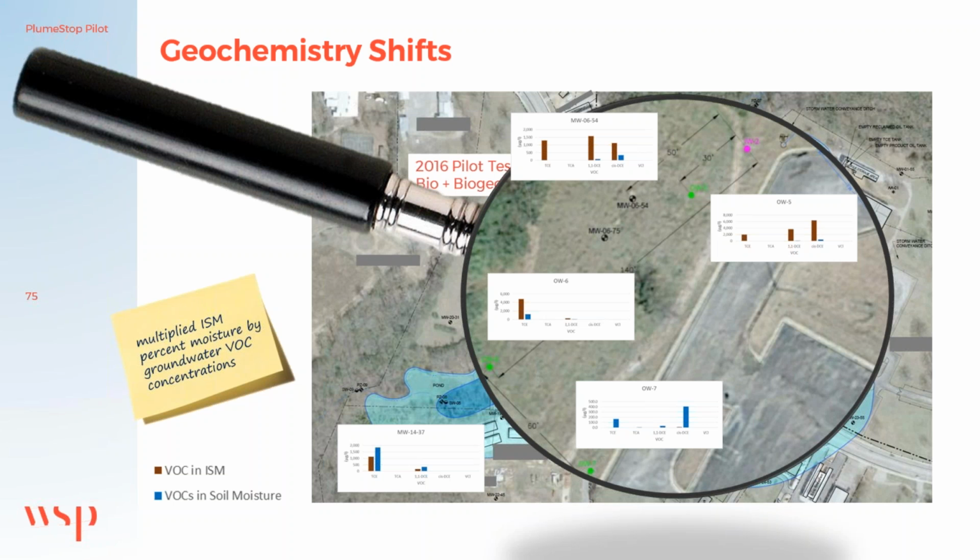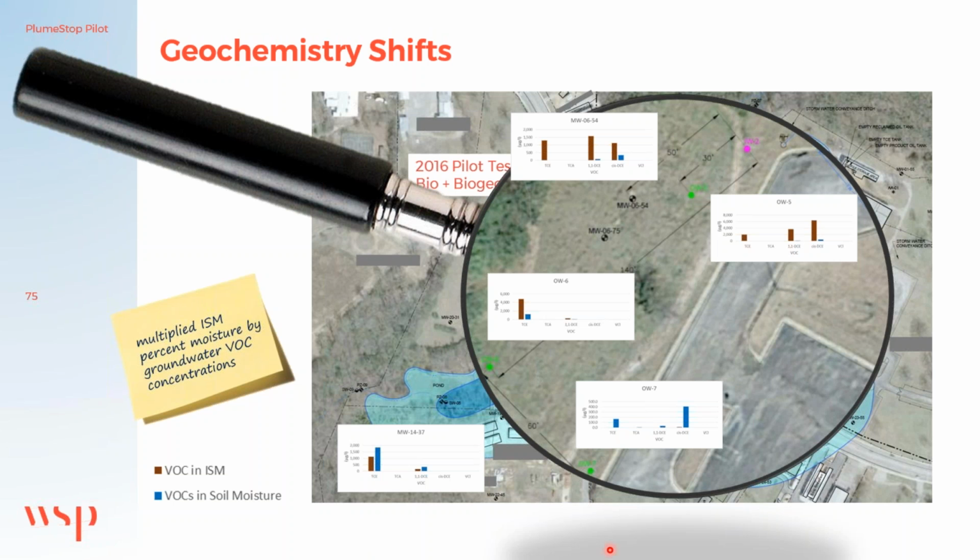Starting at the most distant downgradient area where we should not have PlumeStop delivery, you can see that these lines are fairly close: the concentration in the soil sorbed phase, the crushed sandstone, is about equal to the concentration predicted by the soil moisture.